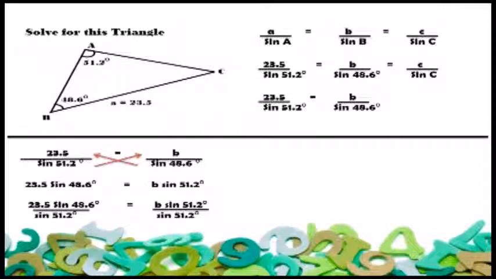So sine 51.2 will be cancelled. Side b is equal to 23.5 sine 48.6 over sine 51.2. Using your scientific calculator, we get 22.69, which is our side b.